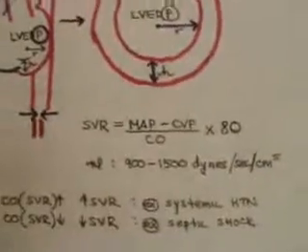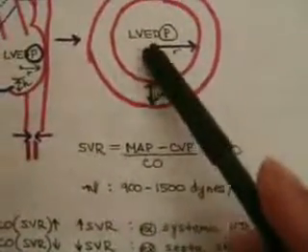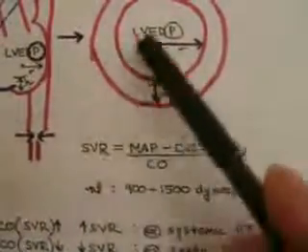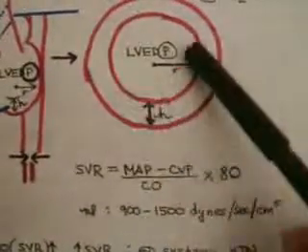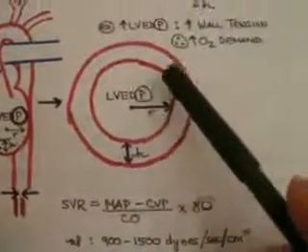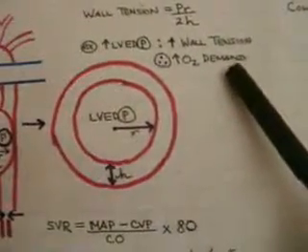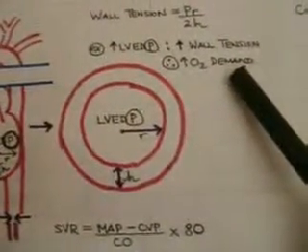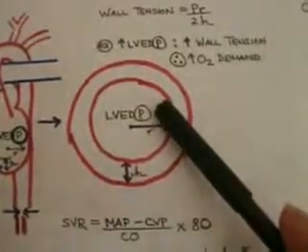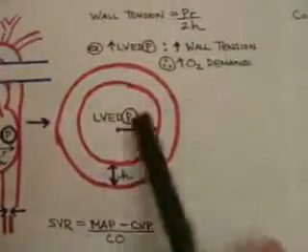And we can see here that when there's an increase in end diastolic pressure of the left ventricle, which is increased preload, it increases the wall tension and therefore increases the oxygen demand. So that shows a correlation between the preload and afterload, in fact the wall tension.